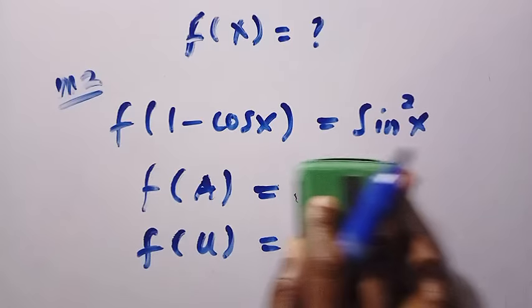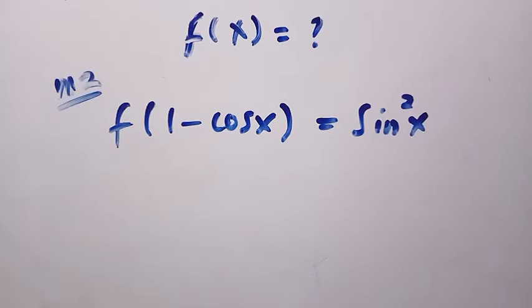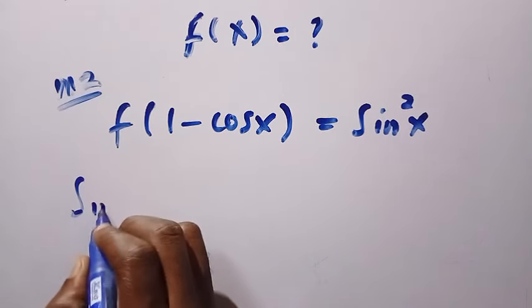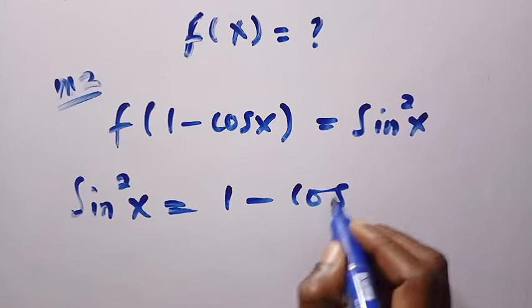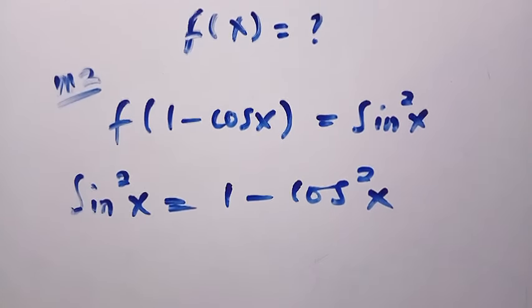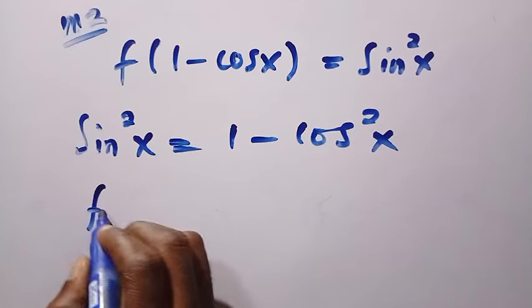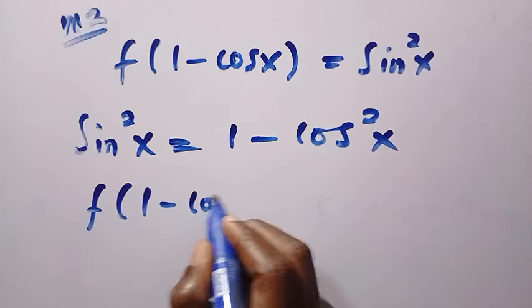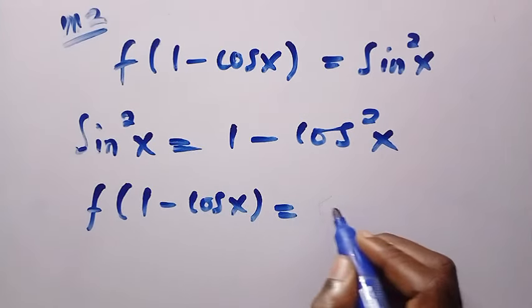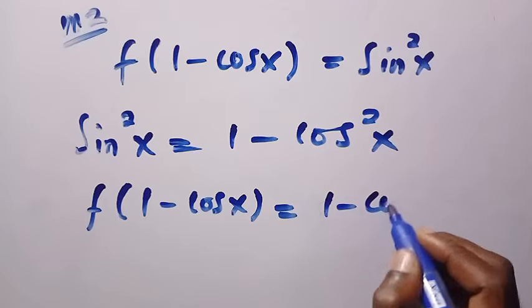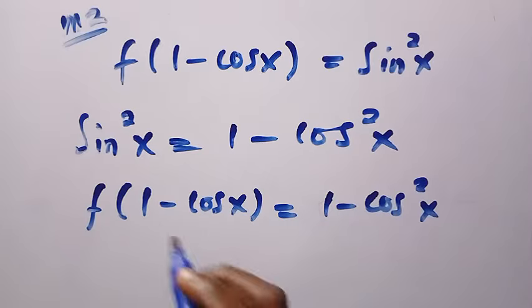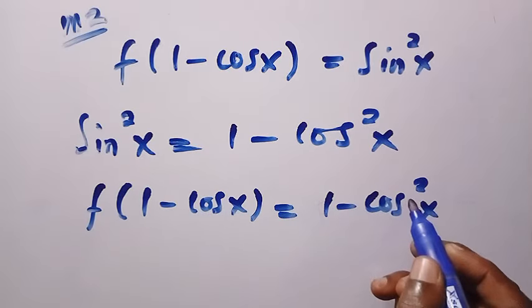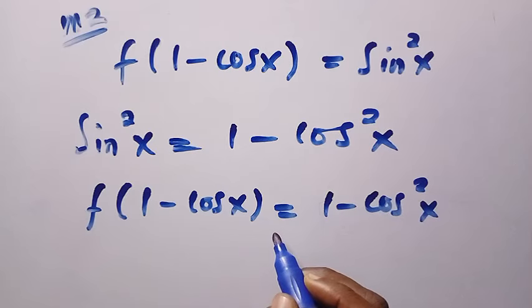To do that, sine squared x equals 1 minus cos squared x. So replacing it first, we have f of 1 minus cos x equals 1 minus cos squared x. But we cannot replace this yet because this is cos x and this is cos squared x. They are not yet the same.